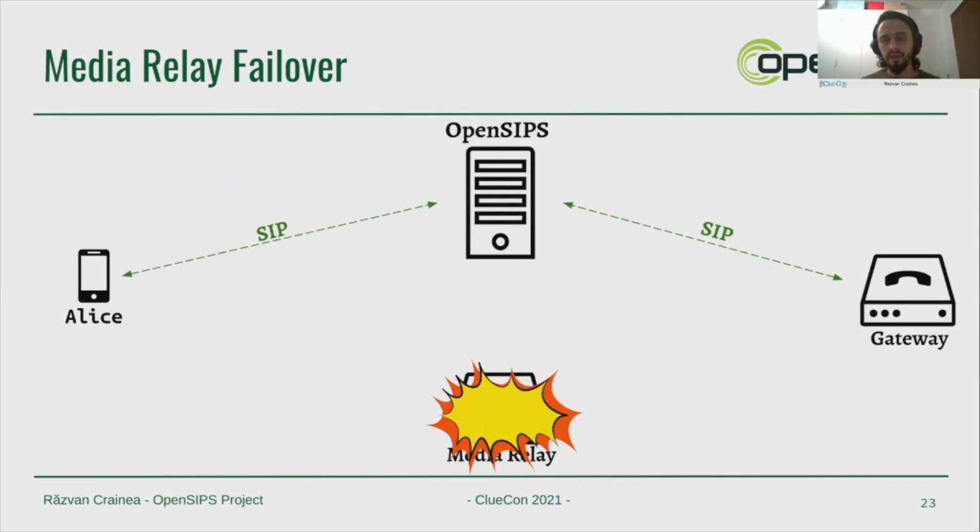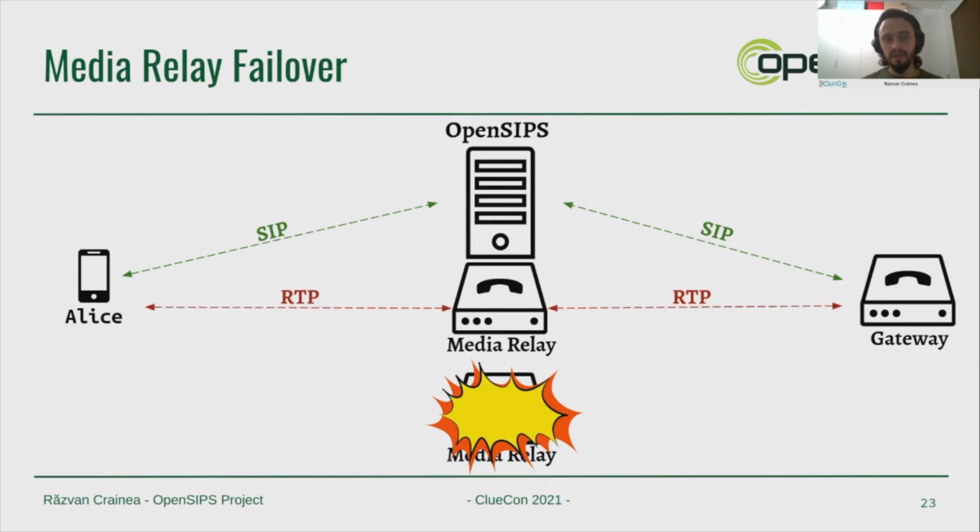If that media relay disappears, basically you will have a lack of audio between Alice and the gateway. A failover means that we are able to set up a different media relay server that might have a different IP and so forth, and reestablish the RTP session using that media. Again, we can do that because we have all the information we need in terms of RTP.